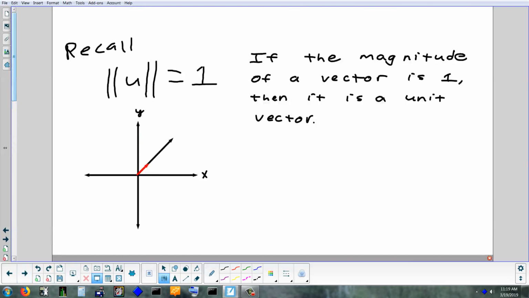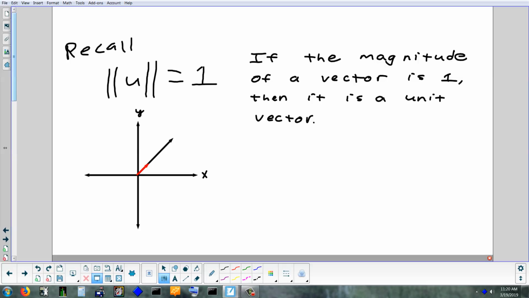There's two cases that could really happen. If it's not a unit vector, maybe it's too long, or maybe it's too short. So I don't think we're really going to use the diagram.